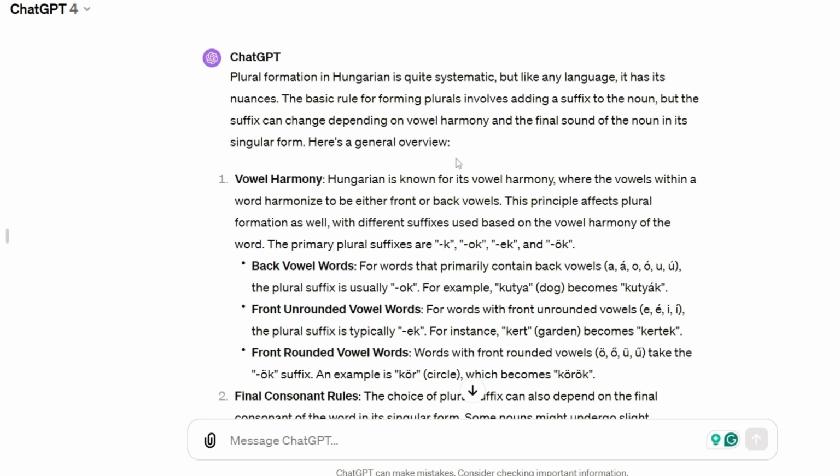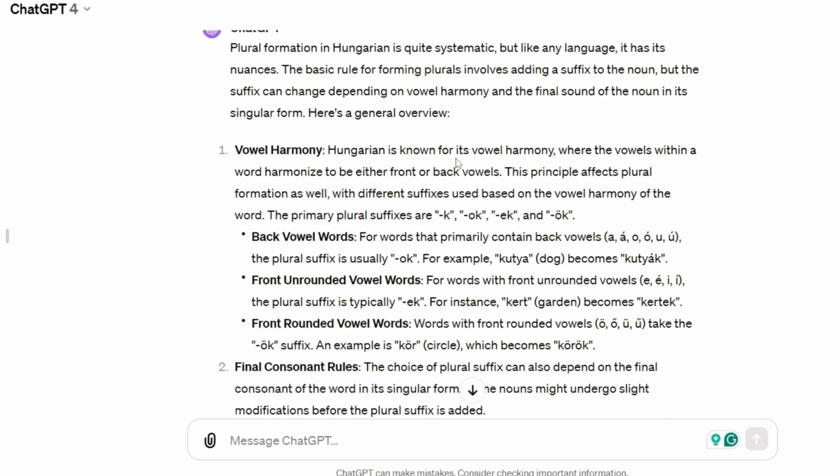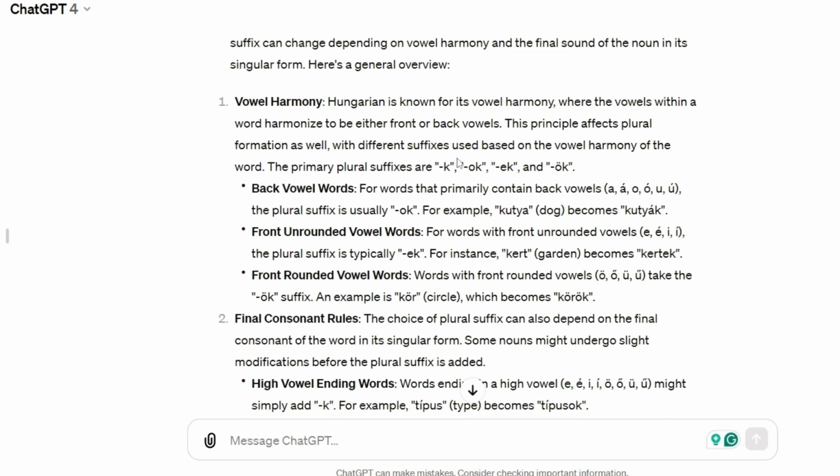All right, that's clear. This principle affects plural formation as well, with the different suffixes used based on the vowel harmony of the word. The primary plural suffixes are ak, ok, ek, and ök. Okay, that's good. So unlike the other AI powered website, it doesn't mention ak at all.